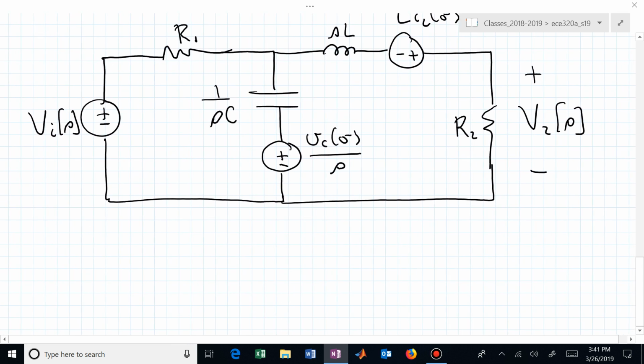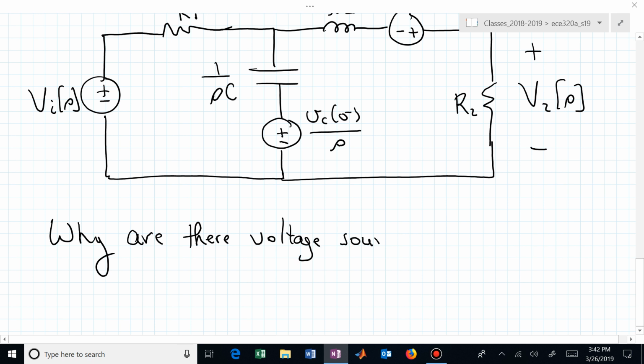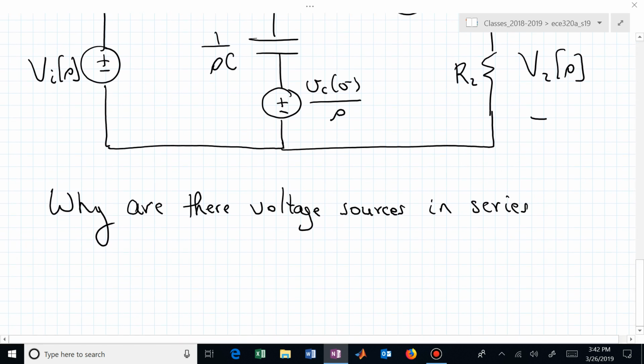So let me just say, if you're reading this after the fact, let's just now say, well, why are there voltage sources in series? They're introduced in a particular configuration. They're in series with these two energy storage elements, a capacitor and an inductor, with the energy storage devices or elements.